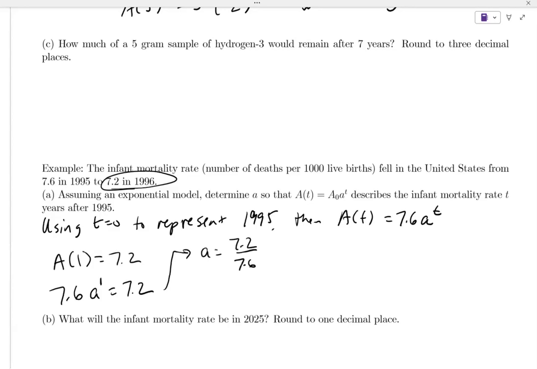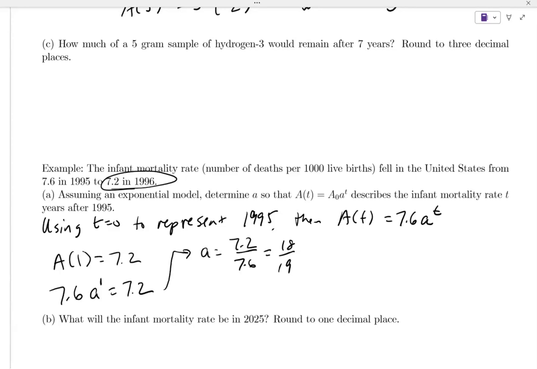And you could get a decimal approximation for that, but I want to leave the decimals for the end. That fraction, notice that I can move the decimal place one place to the right for both of those. On top and bottom, it has the same effect as multiplying top and bottom by 10. It's 72 over 76, and 4 goes into both of them.